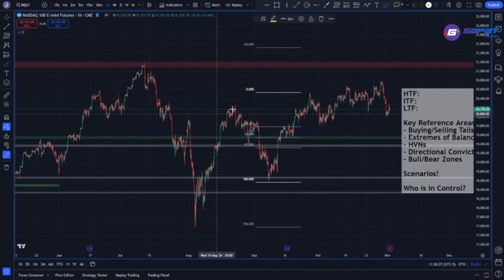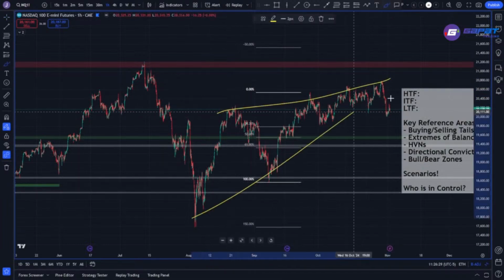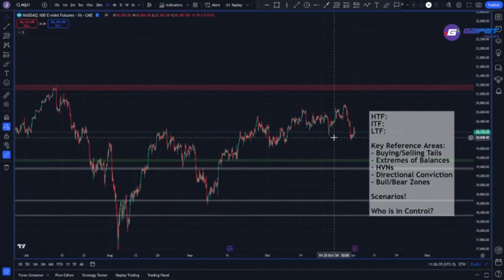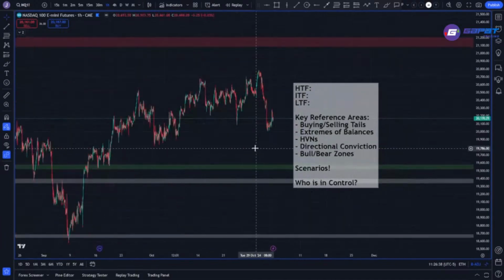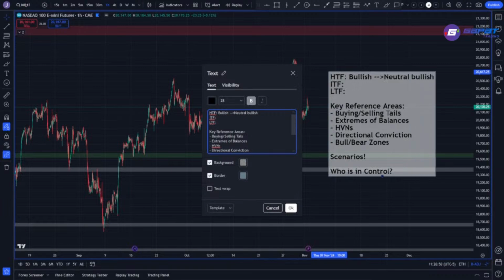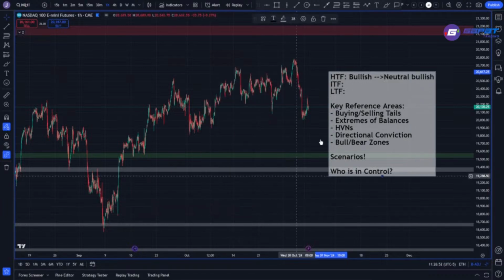But we can see that the highs are getting higher and also the lows are getting higher as well. So for the higher time frame, let me just put bullish, and then maybe slightly neutral bullish. It's not super strong up, but it is up.